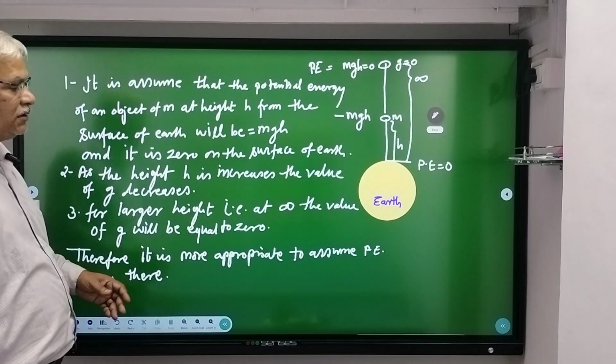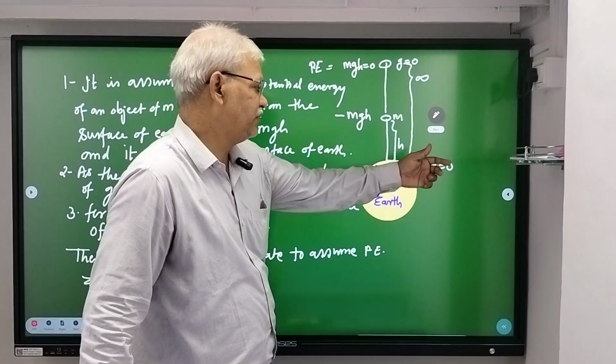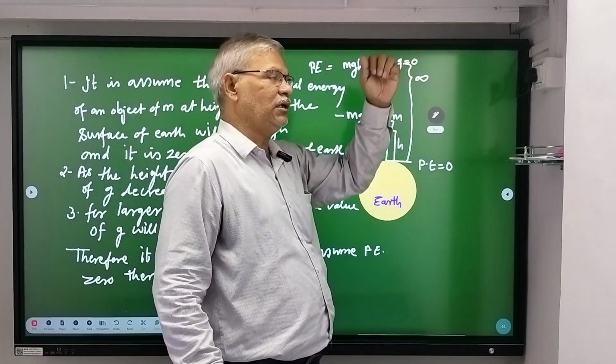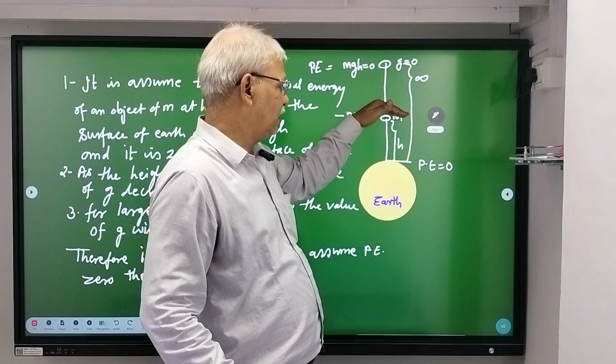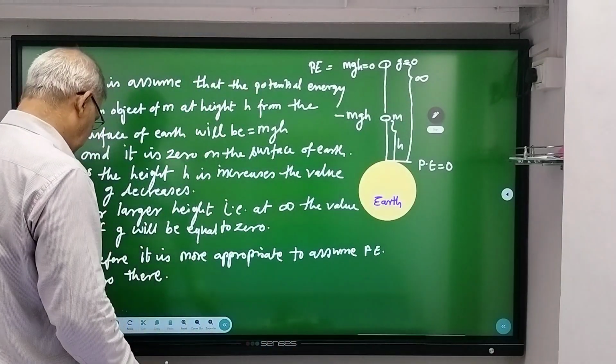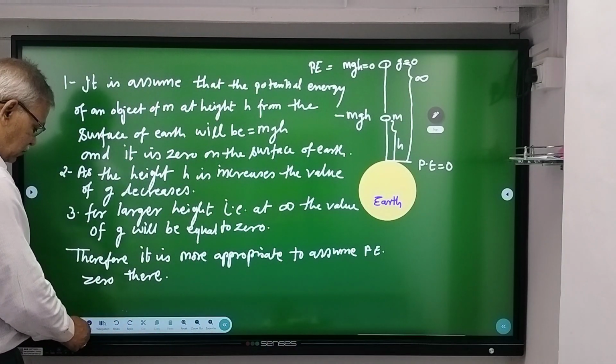Now it means if the potential energy is 0 here, it means at height h this potential energy must be negative.